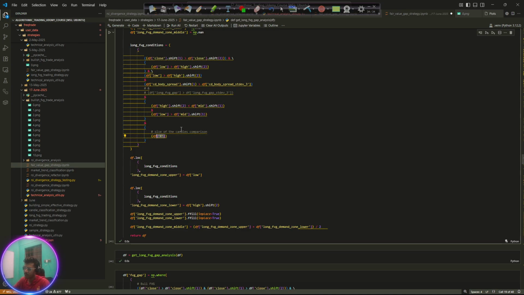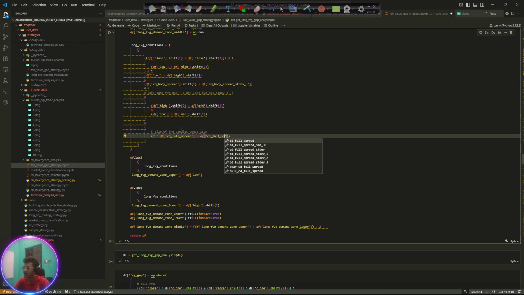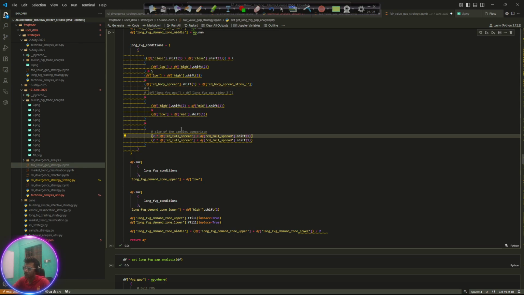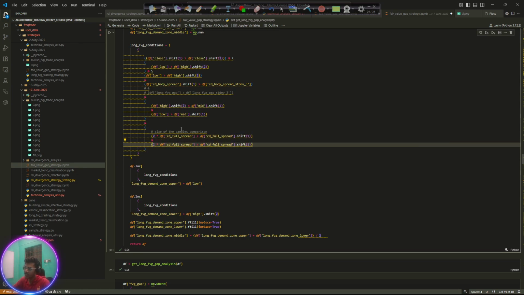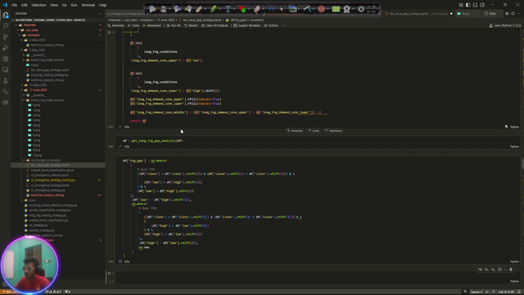The current candle full spread, we can actually do two times of that, should be less than the previous candle full spread, and also the full spread of the shift two candle should also be less than the previous one. Okay, two times of that. So we got that.